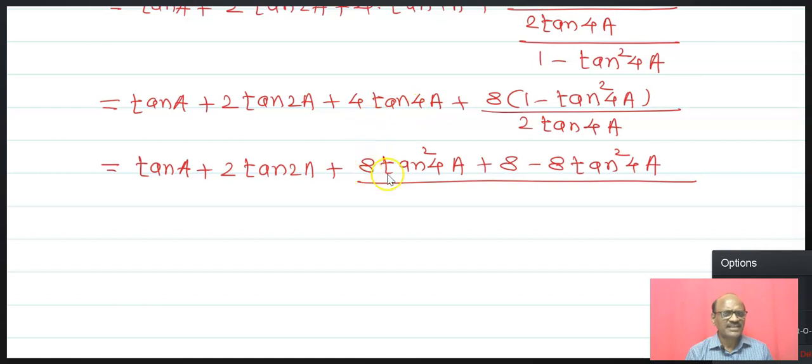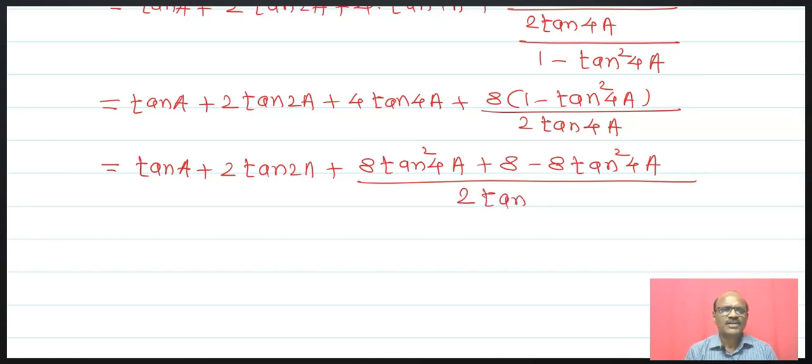It becomes 8 tan square 4A plus 8 into 1 minus tan square 4A. Now this plus and minus get cancelled and you will get 8 upon 2 tan of 4A. That is 2 tan of 4A.